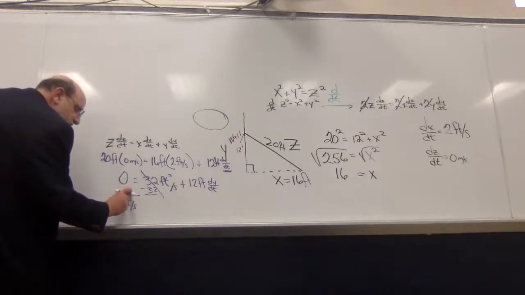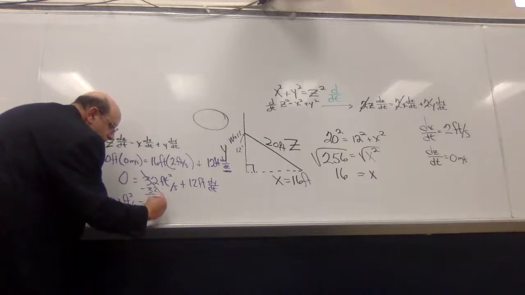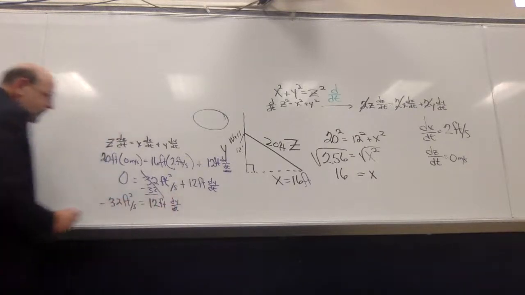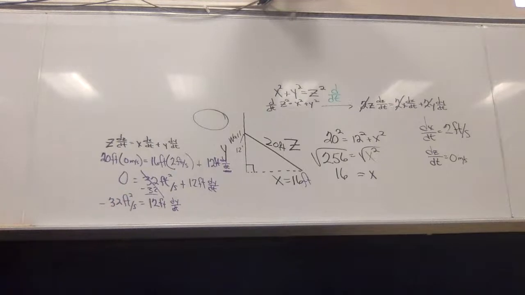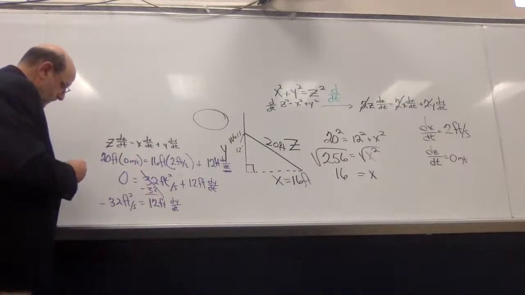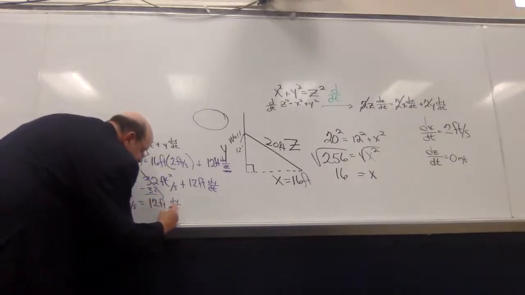This is going to go away pretty soon, but I want to show it to you, because in physics units are super important. I ran out of space. I'm going to divide by 12 feet.